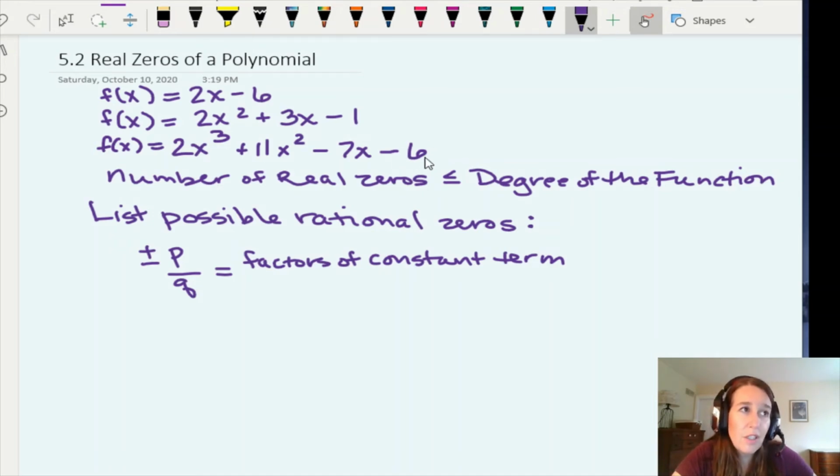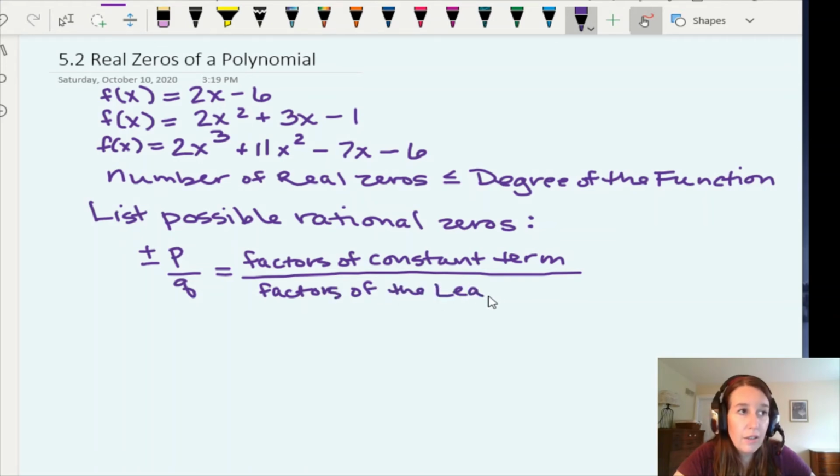We have to consider that number, because if we were in factored form, that number would be all of the constants multiplied together. And then Q is the factors of the leading coefficient. The leading coefficient in this problem is 2. It's the number next to the x with the highest degree.